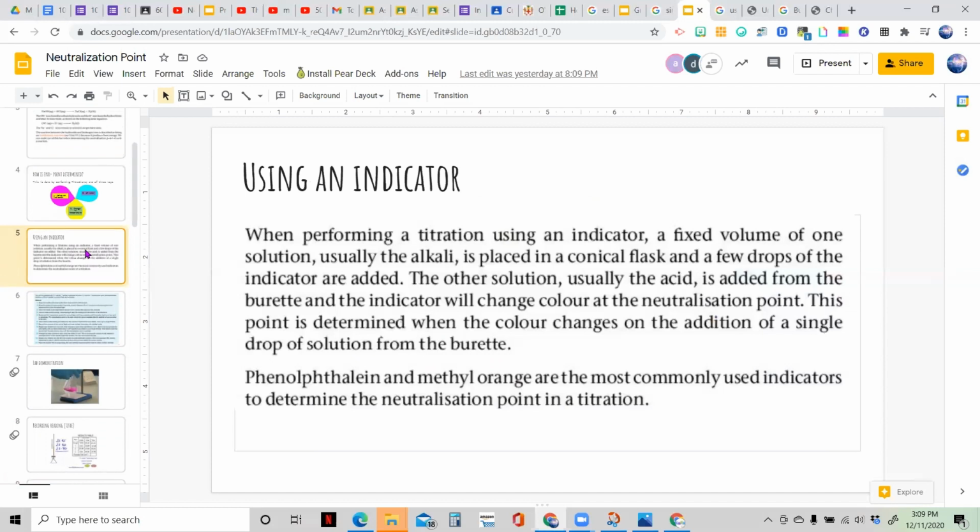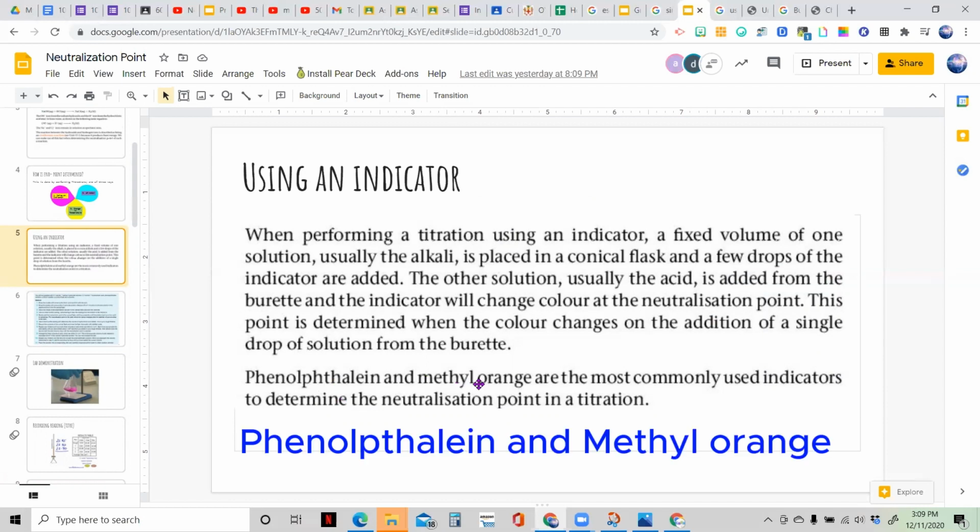So there are several indicators in the lab, but there are 2 indicators that you'll hear about in your reading or when you're watching the videos, because these are common to use. These are phenolphthalein and methyl orange.